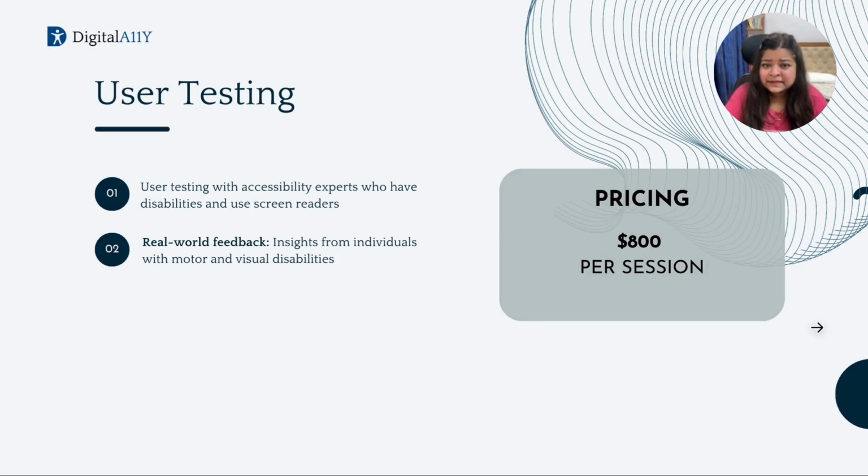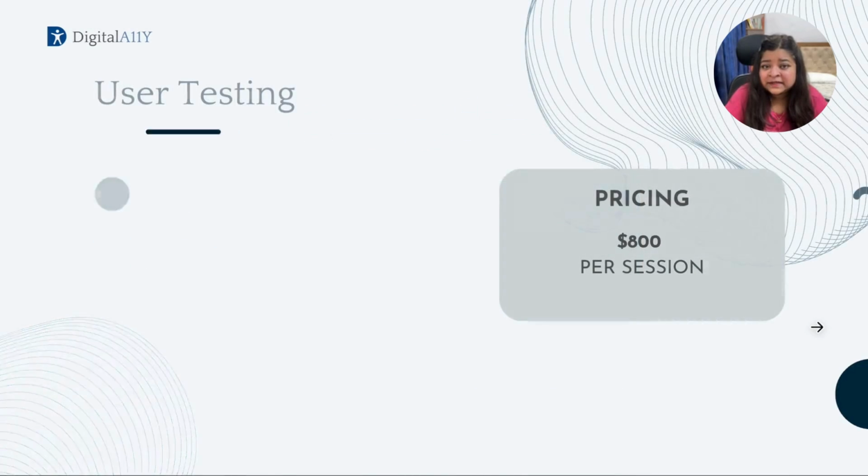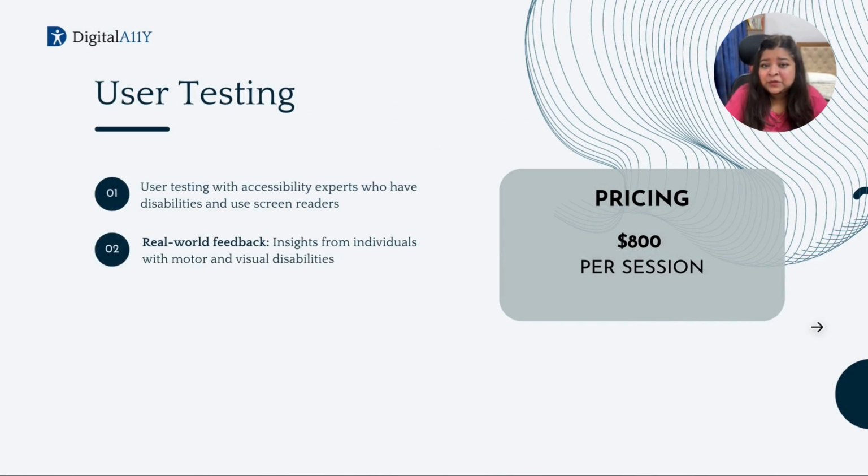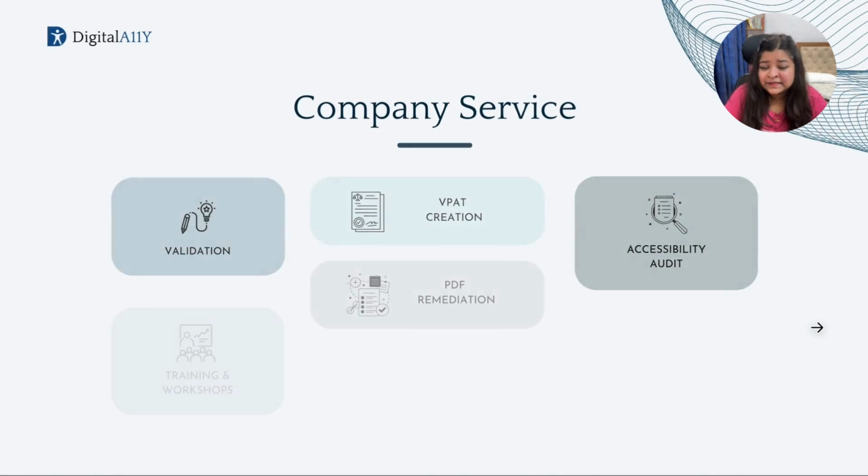Now, this kind of testing is especially valuable when your application is near WCAG compliance, and it really helps you identify any lingering accessibility issues. It is usually conducted after the audit and remediation are completed to ensure most WCAG conformance criteria are met.